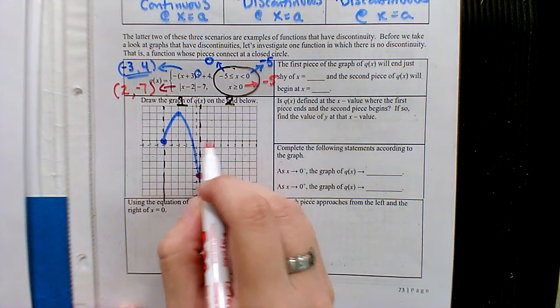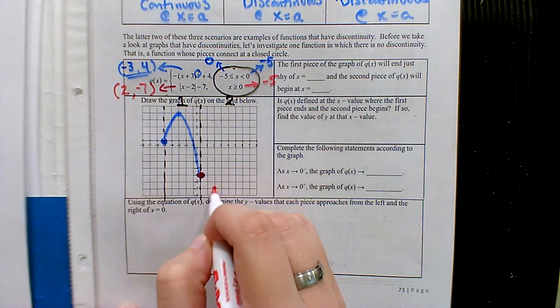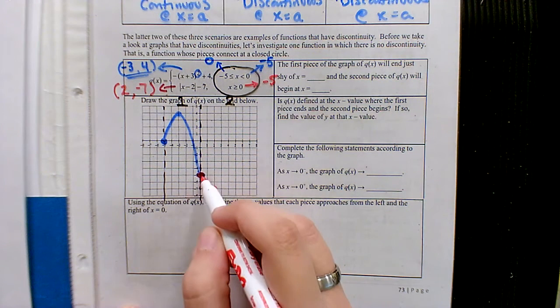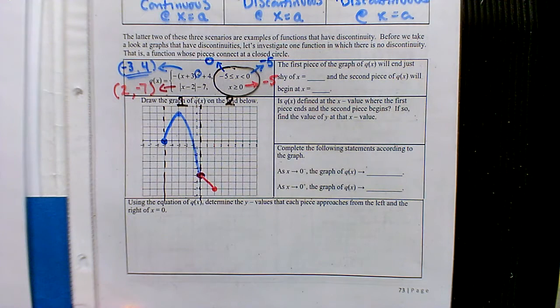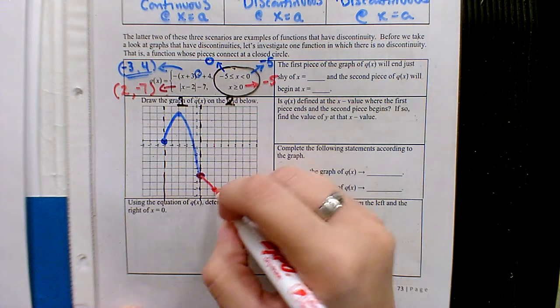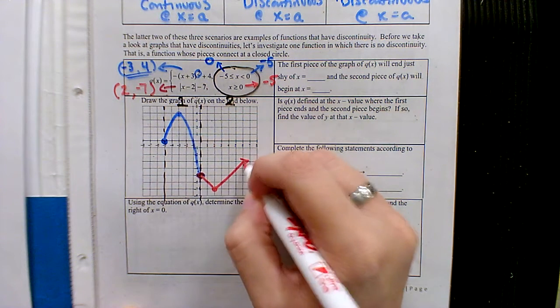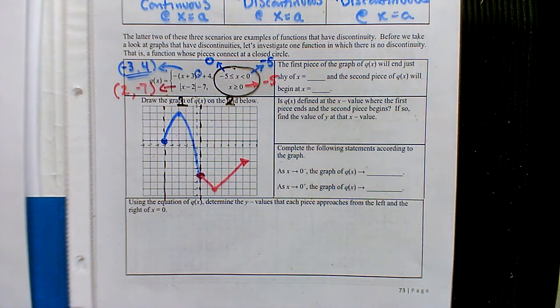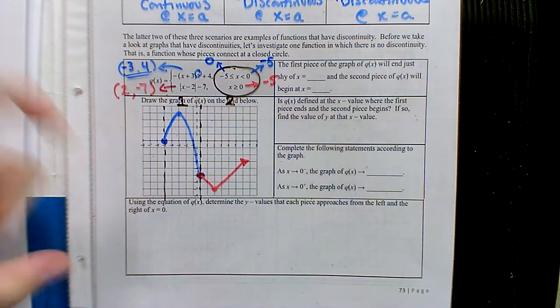All right, so let's plot that point. So if that's the bottom of the V, we're going to have a little segment on the left-hand side connecting that dot. But we said the right-hand side is going to continue forever. So we're going to make sure we have an arrow there.